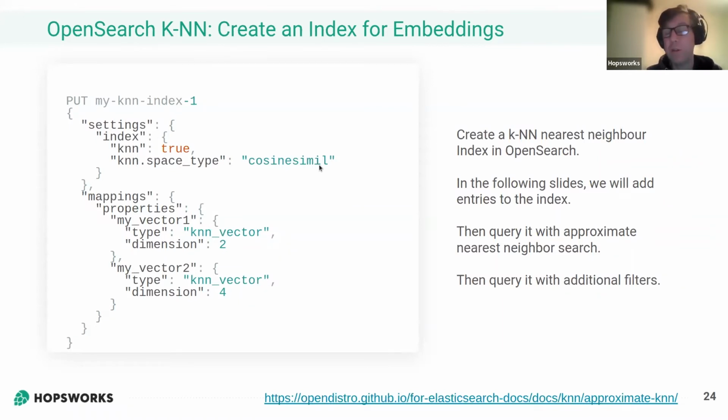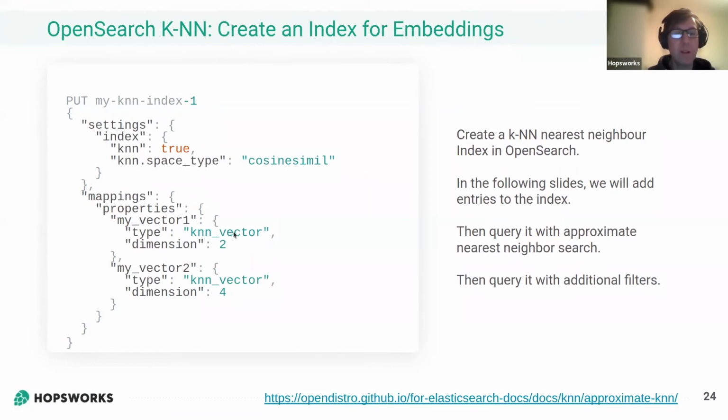We talked already about the distance between the user query and the item query, and cosine similarity is the default, but you can change that. You can see we're using k-nearest neighbors as well. There is support for exact search, but that's not very good performance, so typically approximate search is what you'll do. In this particular index we're going to have two vectors.